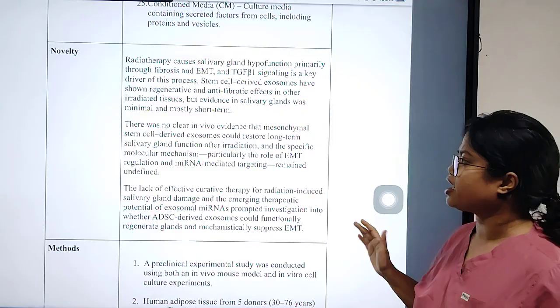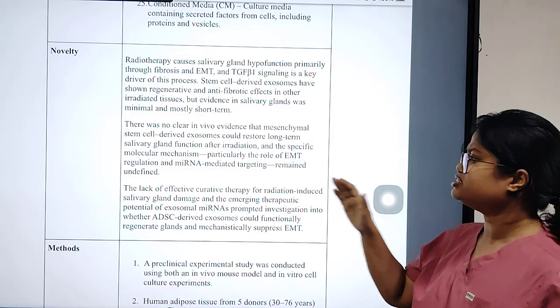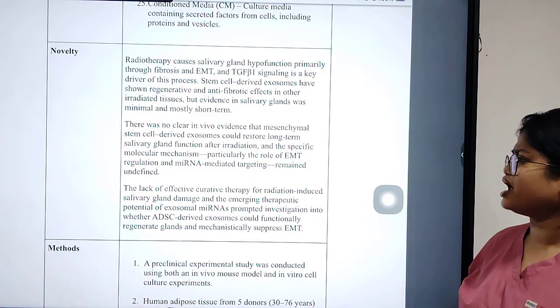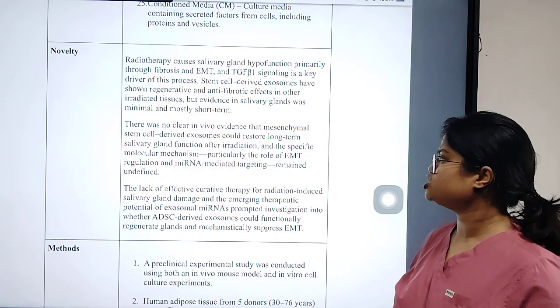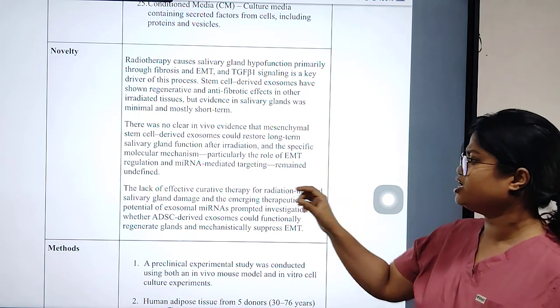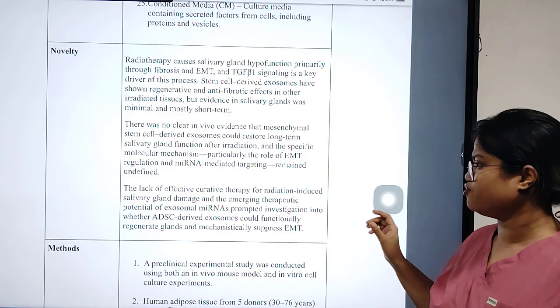So what is the literature gap? There was no clear in vivo evidence that mesenchymal stem cell-derived exosomes could restore long-term salivary gland function after irradiation, and the specific molecular mechanism, particularly the role of EMT-regulating microRNA-mediated targeting, remained undefined.